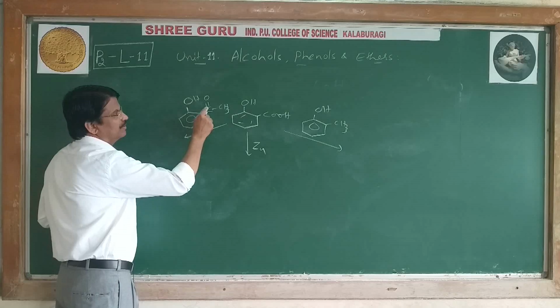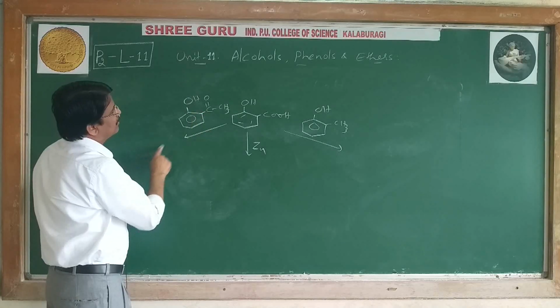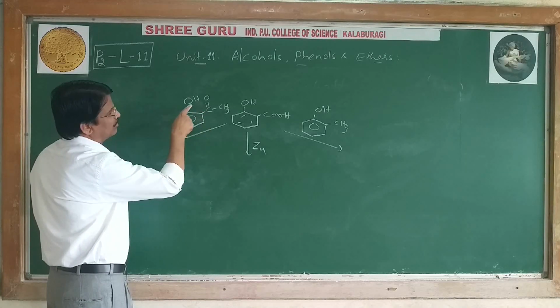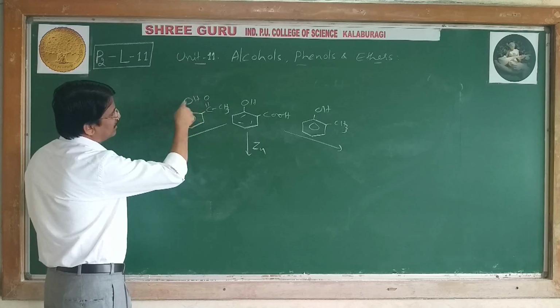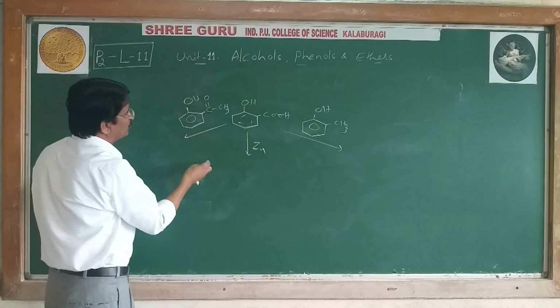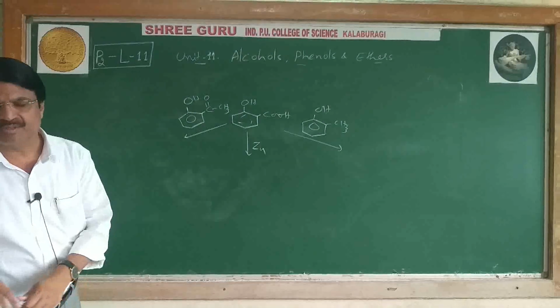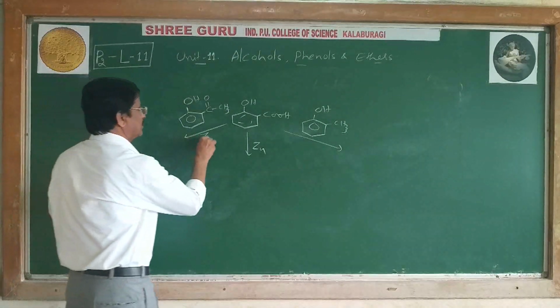It means having higher priority, so it is said to be a keto acidic compound. When it is heated with zinc dust, see what happens. In all 3 cases, zinc dust.